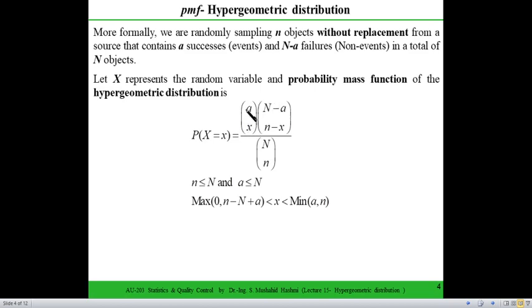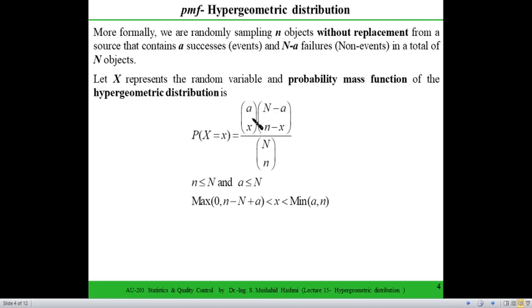Obviously in total you have A success events, so if A is the number of successes, then N minus A would be not having this event, in this particular case not having the red ball, so maybe some other ball.